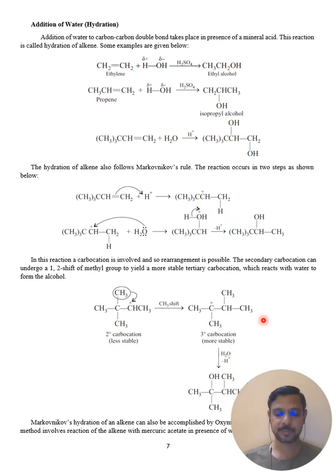So this also follows the Markovnikov rule, but after that it undergoes a rearrangement reaction, right? This kind of rearrangement, the Wagner-Meerwein rearrangement, we have already seen in the previous module, along with the carbocation reactions.